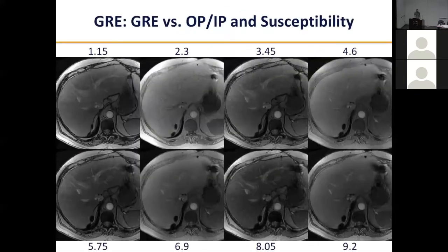Let me skip this in the interest of time, and let me just go now to this, that on gradient echo sequences, fat and water periodically go out of phase and in phase.